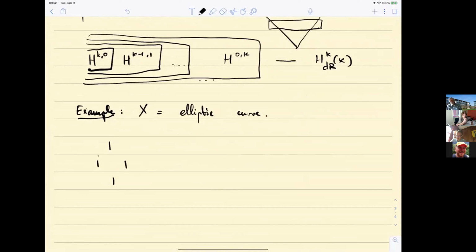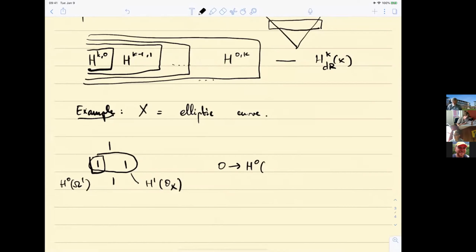This piece is H^0 of Omega^1. This piece is H^1 of O_X. So this Hodge filtration says that we have a short exact sequence that looks like this: H^0 of Omega^1 goes to H^1 de Rham of X, goes to H^1 of O. So we have this short exact sequence always.